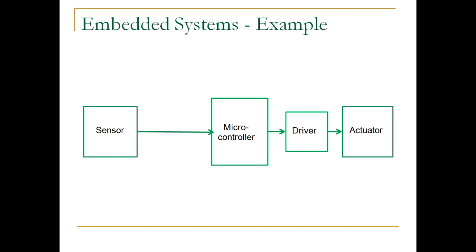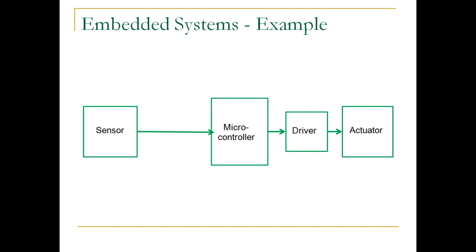So what is a microcontroller? It is a processing device. Along with the processor, it has some additional peripherals such as ADC, timer, etc. So if you are using a microprocessor, you need to attach an external ADC chip. But if you are using a microcontroller, you don't need that external peripheral because it is already present inside the microcontroller.